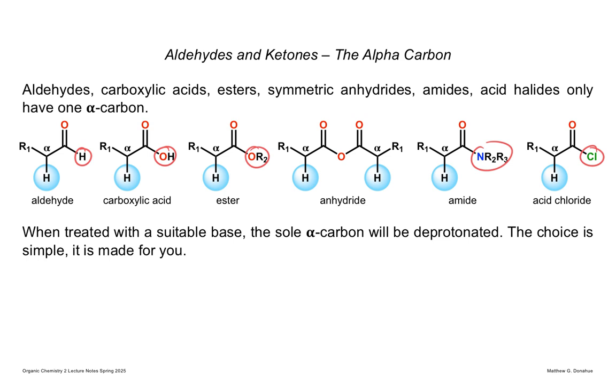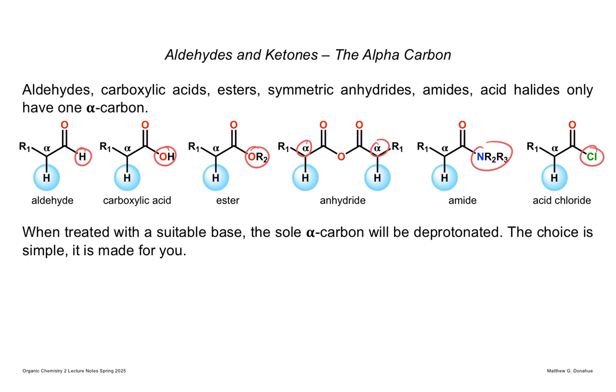So those functional groups only have the one alpha position. The anhydride is kind of weird because by its definition, it's linked by a central oxygen, but you do have two alpha carbons. So it's its own unique case.